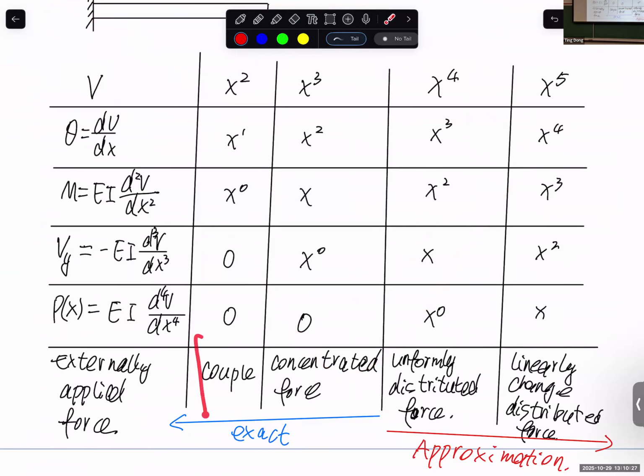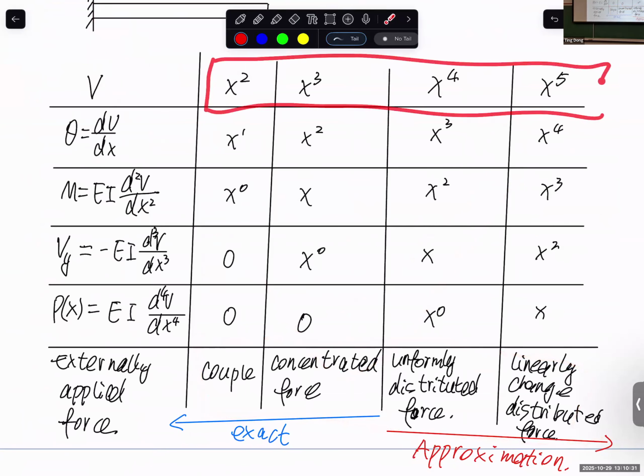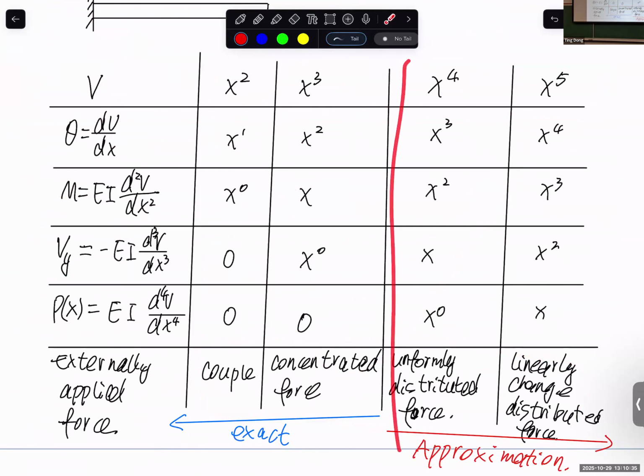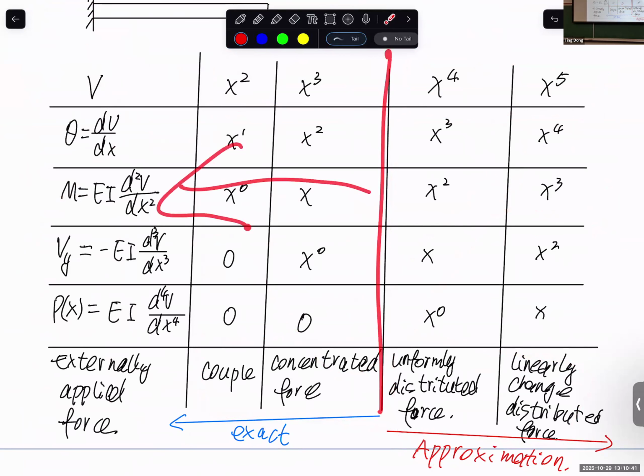But for different forces applied, the exact solution for deflection is of different orders. That's why if anything is higher than a cubic polynomial, we cannot have an exact result. If it's lower than or equal to a cubic polynomial, we have the capability.